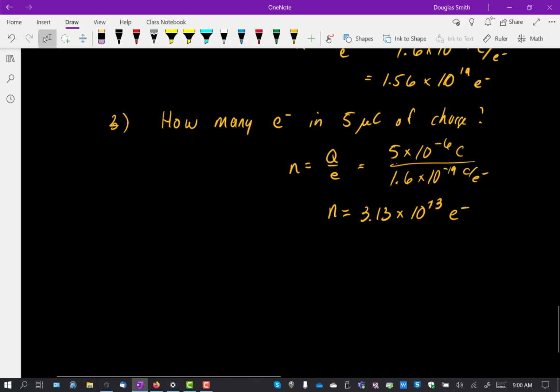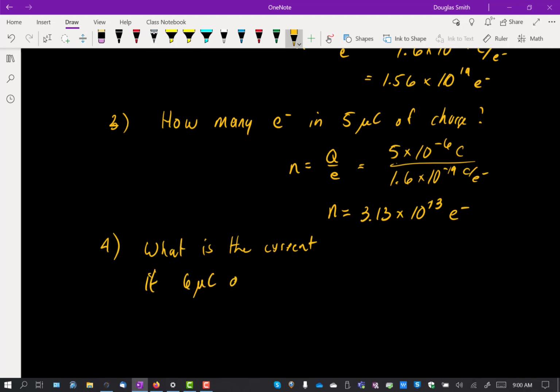The last question we'll try is, what is the current if 3 times 10 to the 15 electrons move through a wire every 10 seconds?